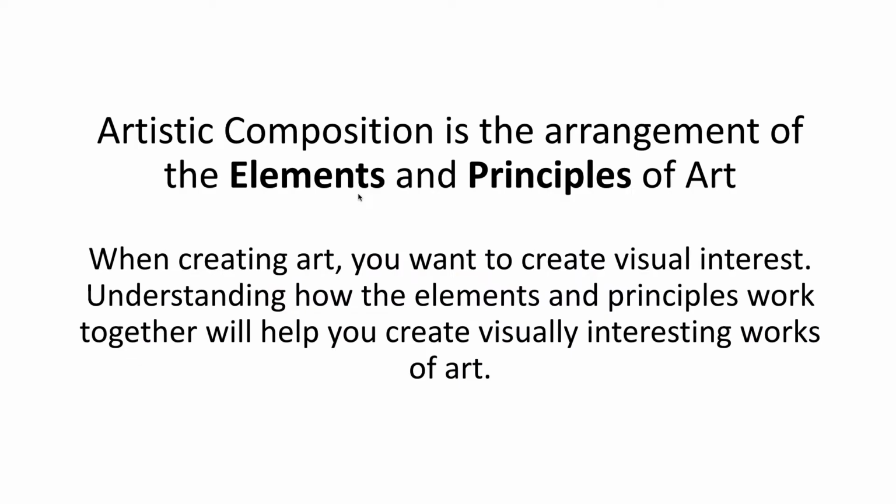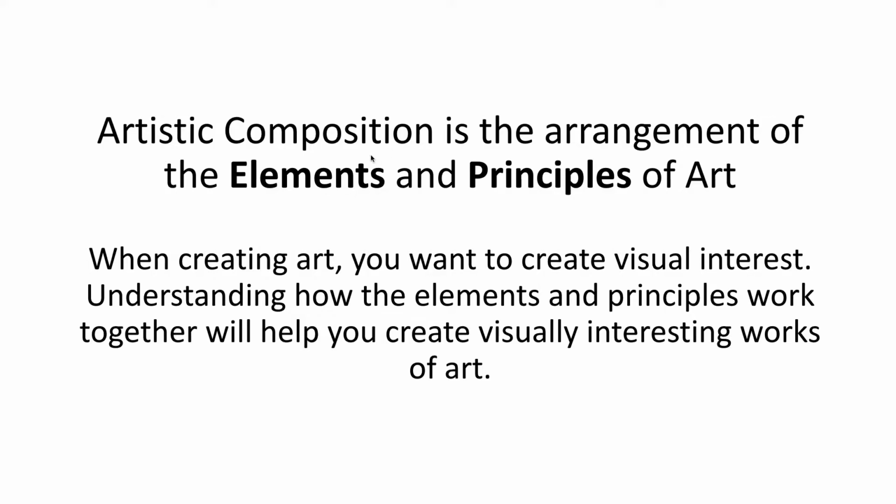The definition is the arrangement of the elements and principles of art. So when you're creating art, you want to create a visually interesting piece. Understanding how these elements and principles go together is going to help you do that.